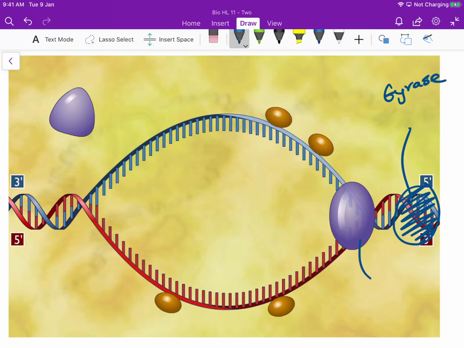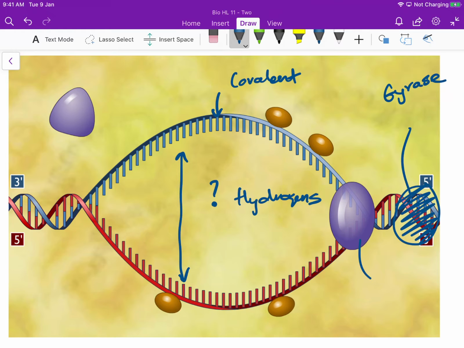It's unwound it, and now we've got this separation between them. So how could it have done this? What was holding together the DNA? Well, holding together the DNA down the backbone is covalent bonding, but in between was hydrogen bonds. This protein is called helicase because it was to do with the idea of unwinding the helix.